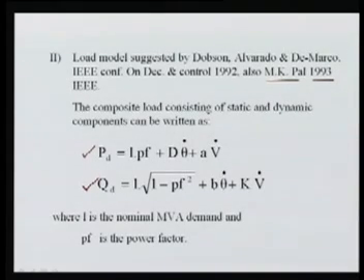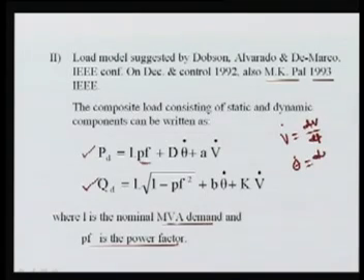This has an effect of the power factor, and here is the nominal MVA demand, and PF is the power factor, also included, plus d theta dot plus a v dot, where v dot is dV/dt and theta dot is d theta/dt. So we can again use this model.